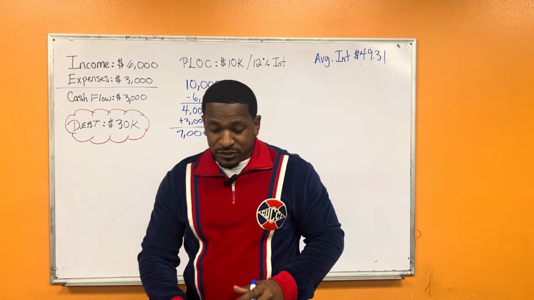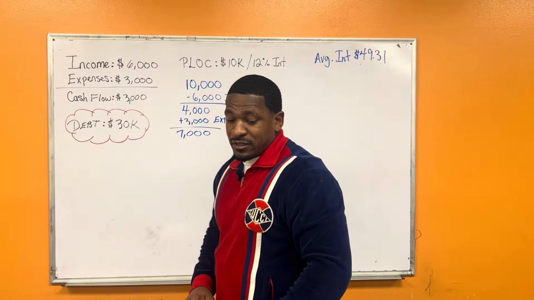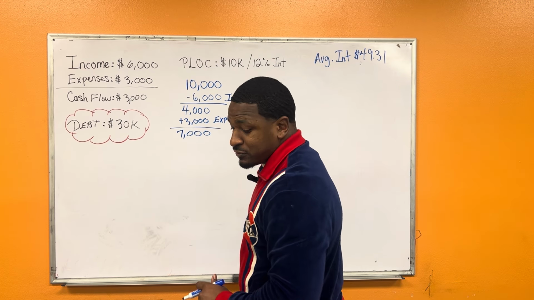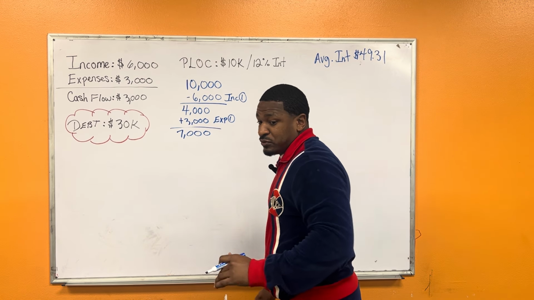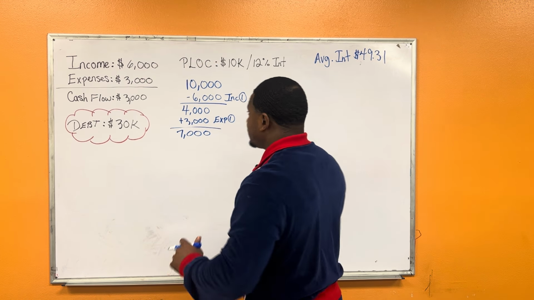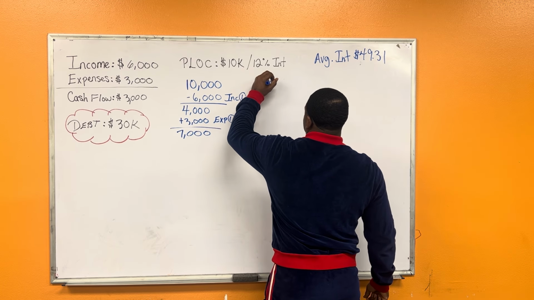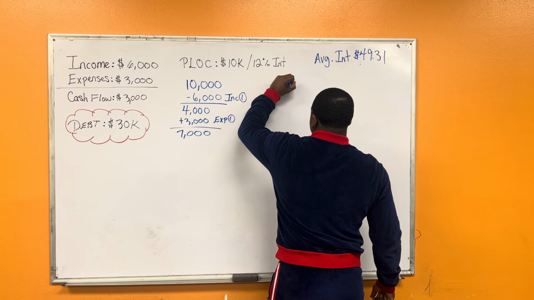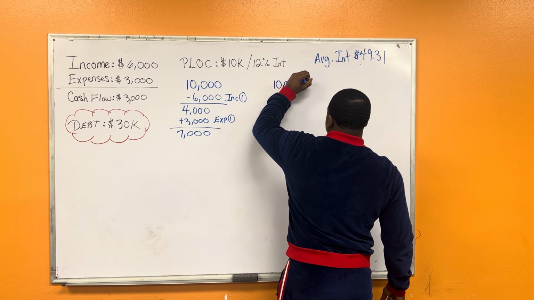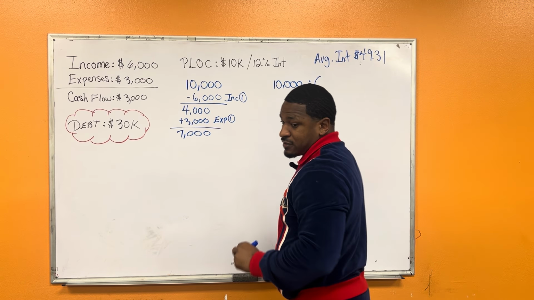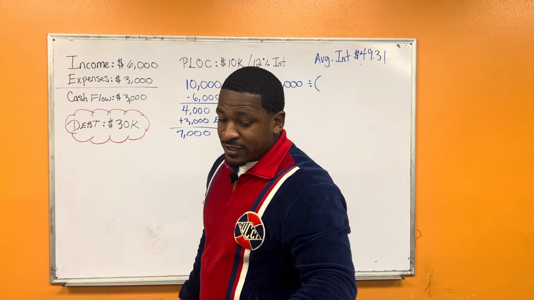I'm going to get my calculator in a minute, bear with me. How we calculate time of payoff is we do the total debt of 10,000. We divide that by, in parentheses, our cash flow.